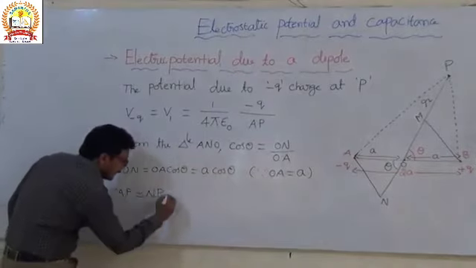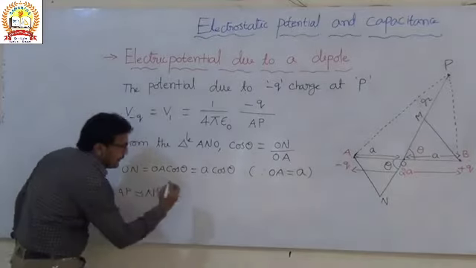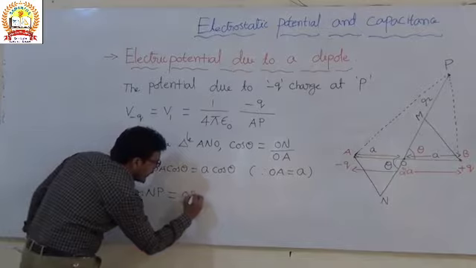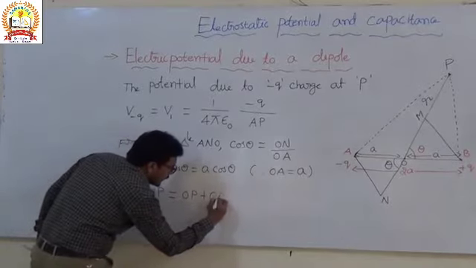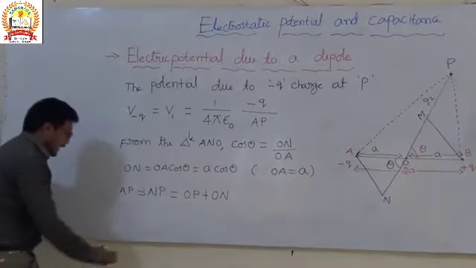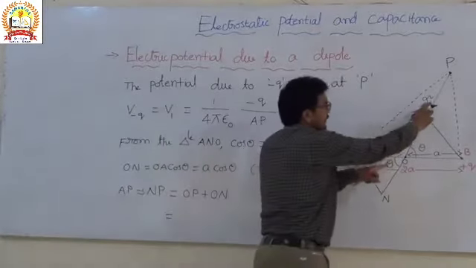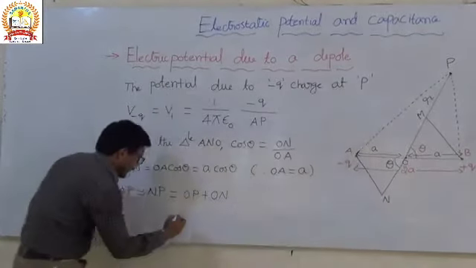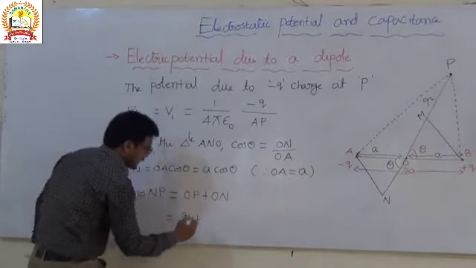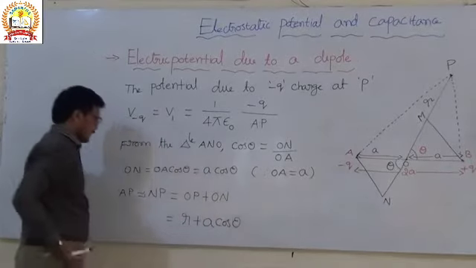And to get NP, we can write OP plus ON. OP is the distance from O to P, which is R, plus ON, that is a cos theta. So R plus a cos theta.